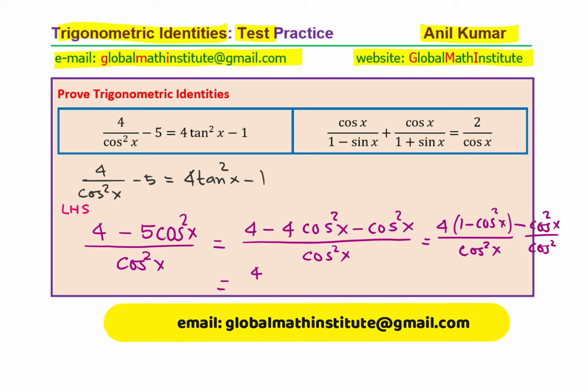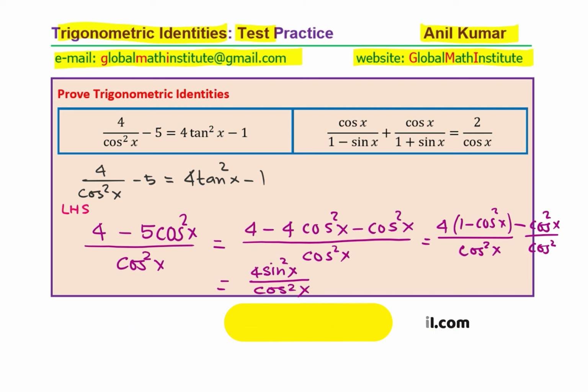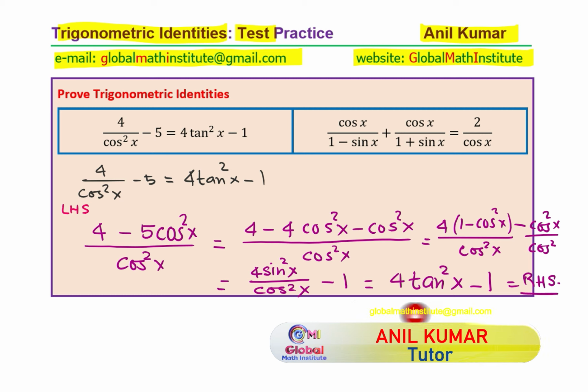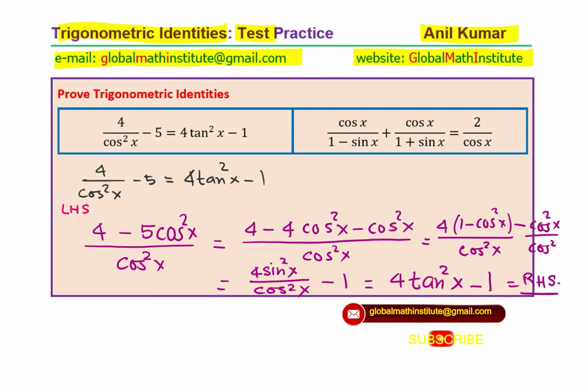So we have 4 sin square x over cos square x, and we have minus 1 on the other side. So that is indeed equal to 4 tan square x minus 1, and that is the right hand side. Clear? So that is how we can prove this particular identity. I hope the steps are absolutely clear.